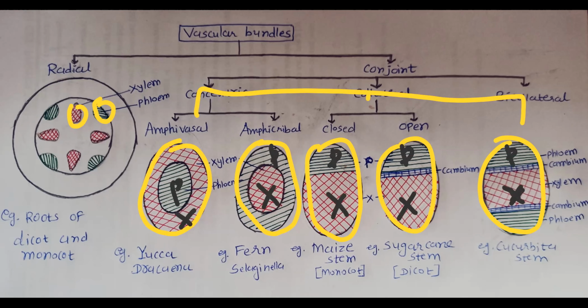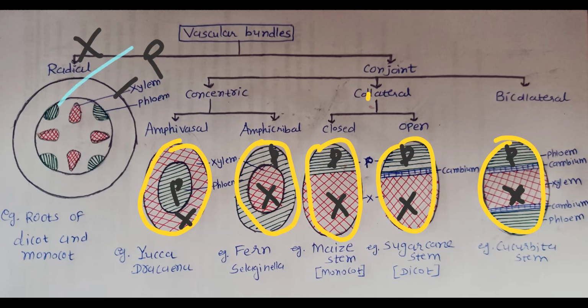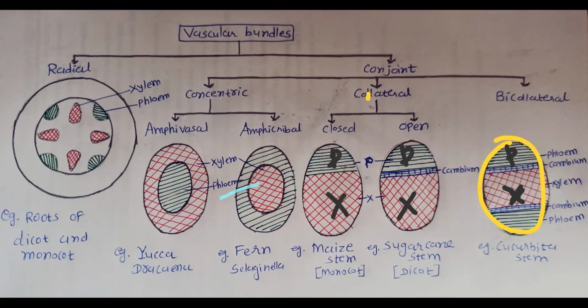In this case, if you see, the bundle is either only a phloem bundle or only a xylem bundle. This is the main difference between these two categories of bundles, radial bundles and conjoint bundles. How many have understood?